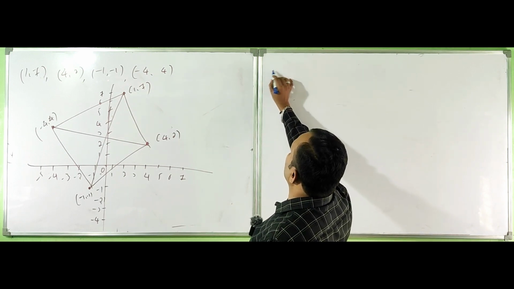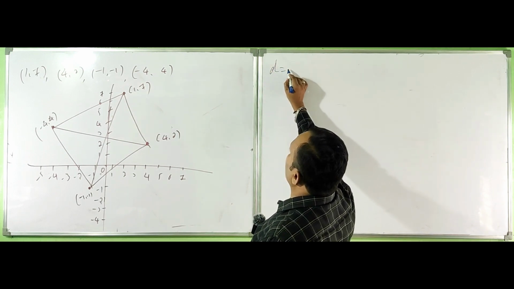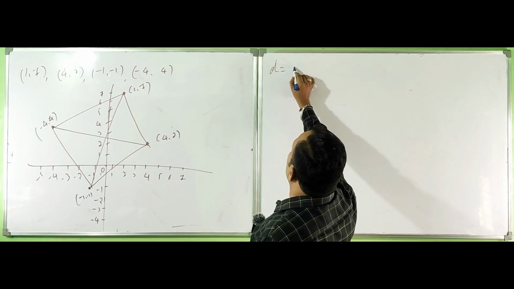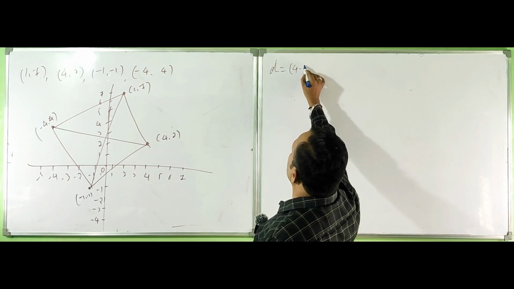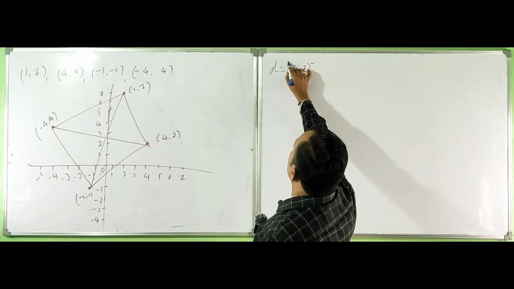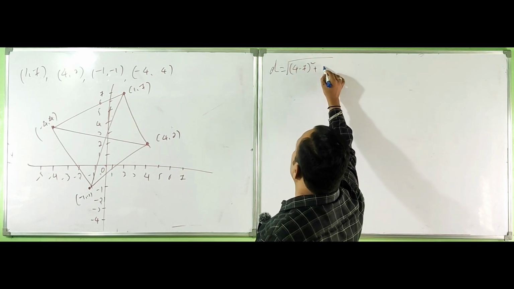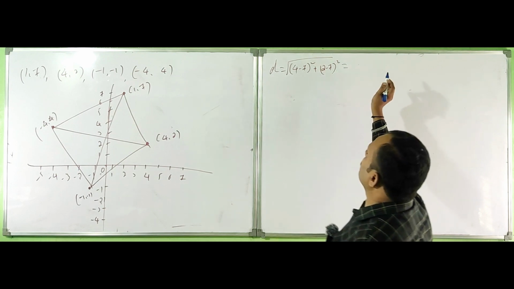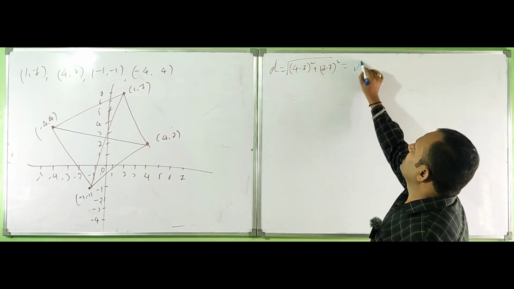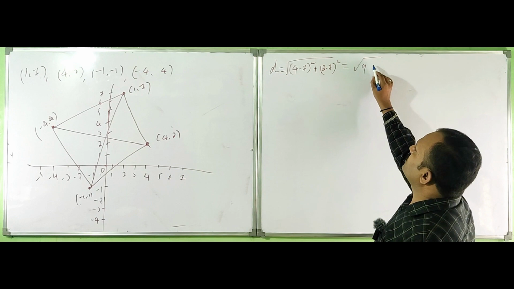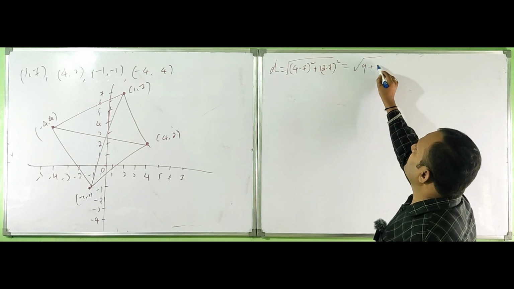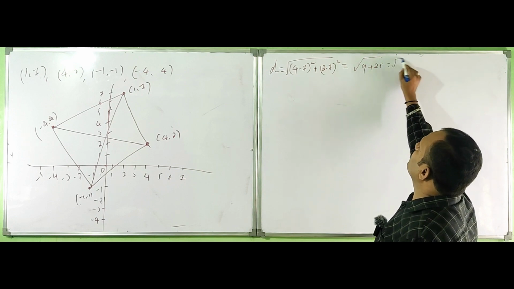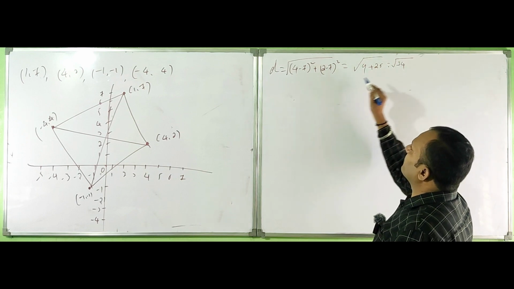First one: D is equal to the square root of (4 minus 7) whole square plus (2 minus 7) whole square, which is 3 squared plus 5 squared, 9 plus 25, is equal to root 34.